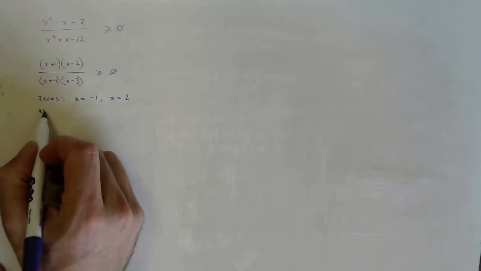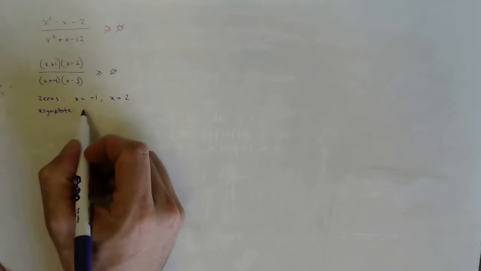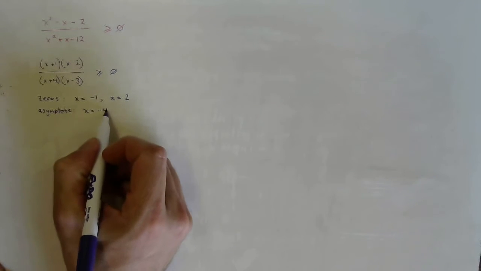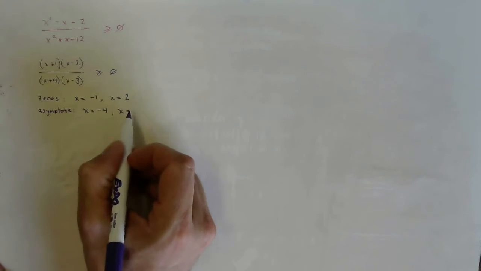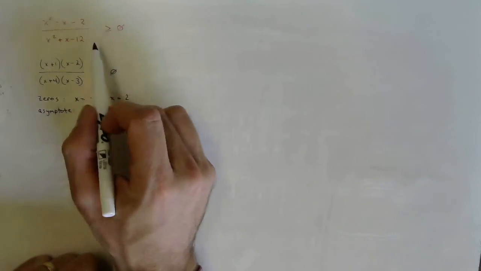So we have asymptotes at x equals -4 and x equals 3. If you can't remember how to get those really quickly, then you need to go back and review a little bit. Okay, so in order to break this up into its intervals, we want to know what's happening in certain places to see which intervals satisfy the inequality.